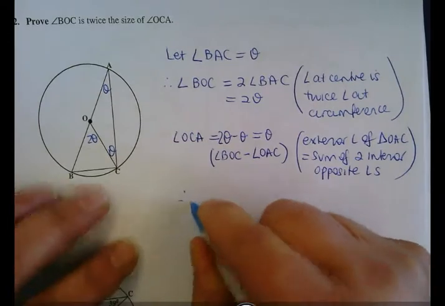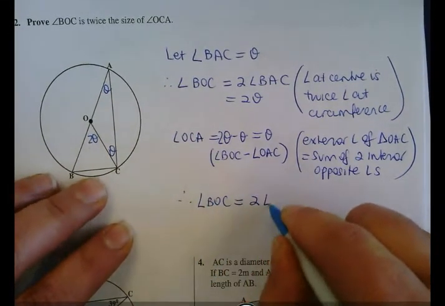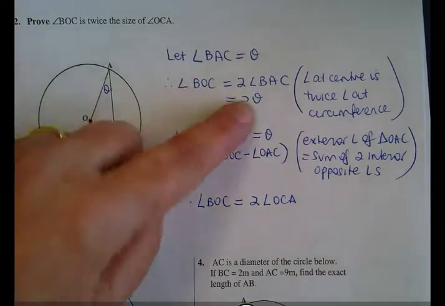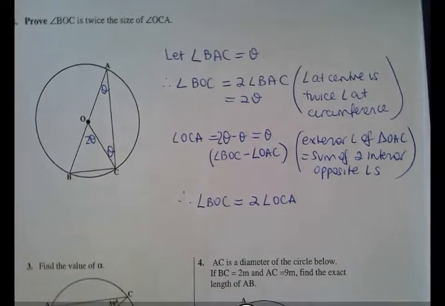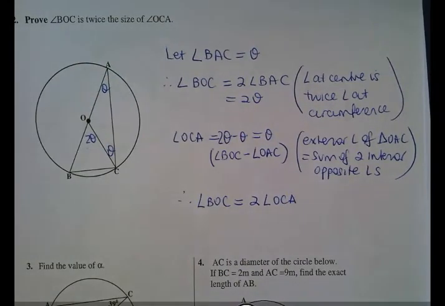So therefore we can see that angle BOC equals 2 times angle OCA. Because BOC is 2 theta and OCA is theta, one of them's 2 theta, the other one's 2 theta.